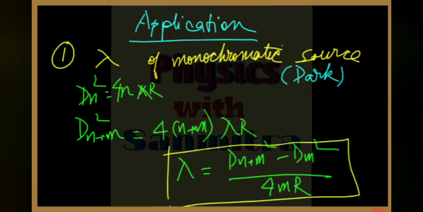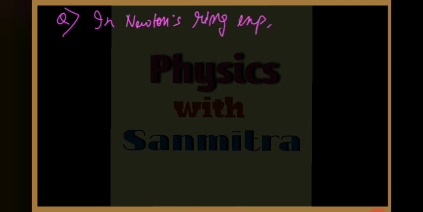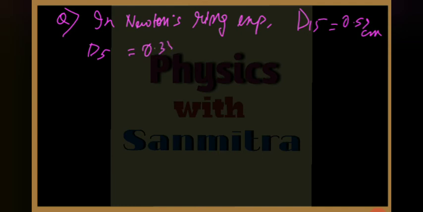Okay, let's solve a numerical based on this. The question states that in Newton's ring experiment, the 15th dark ring, that is D15, the diameter, is given by 0.59 centimeter, and the fifth dark ring, D5, is given as 0.336 centimeter.